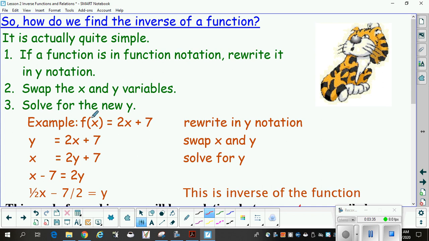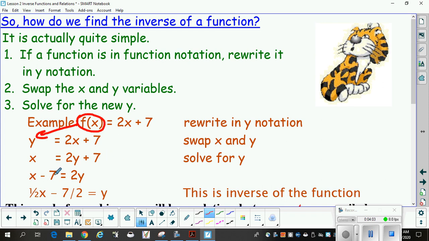So here's an example. f of x is equal to 2x plus 7. First, rewrite it in y notation. That means I'm going to take the f of x and change it to y equals 2x plus 7. Now, I'm going to swap the x and the y. So the x goes where the y was and the y goes where the x was. At this point, I'm going to solve for y.